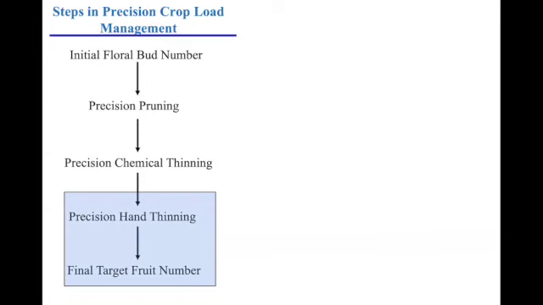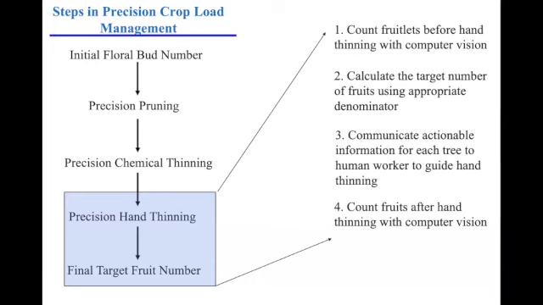Now I'd like to move to the last part of this, and that's just our concept of how precision hand thinning would work. We would hope that with the hand thinning, which begins typically in the Northern Hemisphere, middle June to late June, we would be able to go through with a computer vision system and count the number of fruitlets before hand thinning, georeference each tree, and have some method of estimating the trunk cross-sectional area or the branch or whatever from an earlier scan in the dormant season, and then calculate the target number of fruits for each tree using the appropriate denominator, and then communicate that information to each worker for each tree to guide their hand thinning.